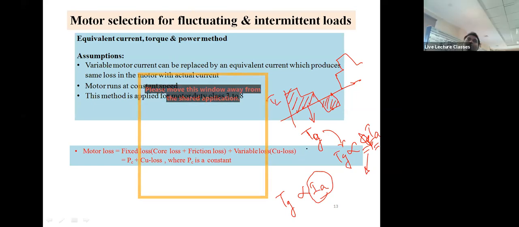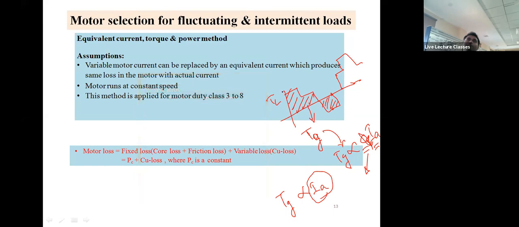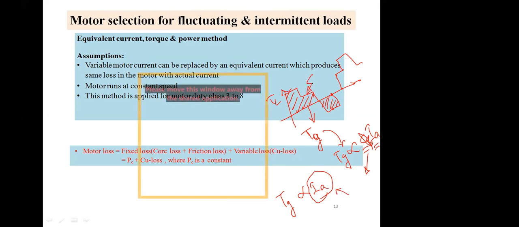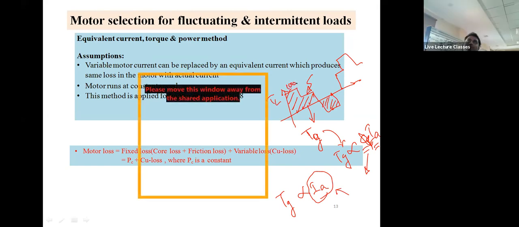So if you are going to buy some type of motor, how will you buy it? Its current rating must follow the pattern of the load torque. It must be able to pass say 100 amperes at starting and say 25 amperes at steady state.